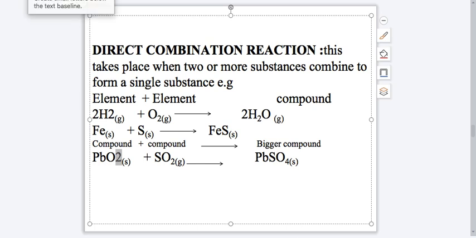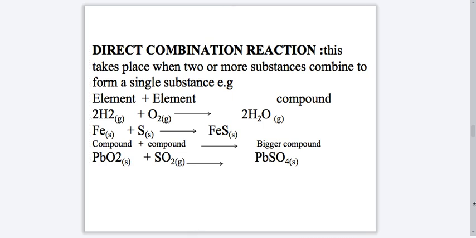An example here is what we have between lead(IV) oxide combined with sulfur(IV) oxide to give us lead tetraoxosulfate(VI). Lead(IV) oxide is a compound, sulfur oxide is a compound, and the two combine to give us a bigger compound which we refer to as lead tetraoxosulfate(VI).